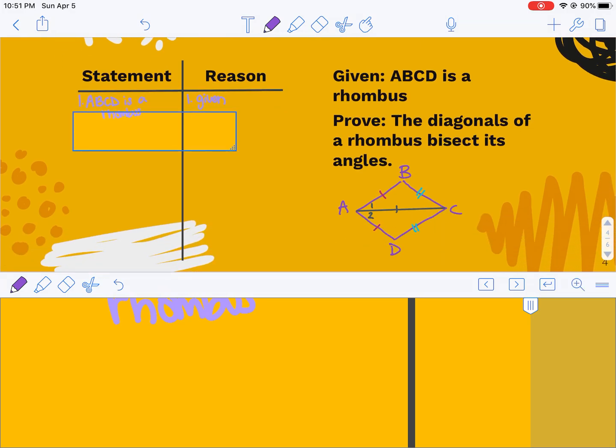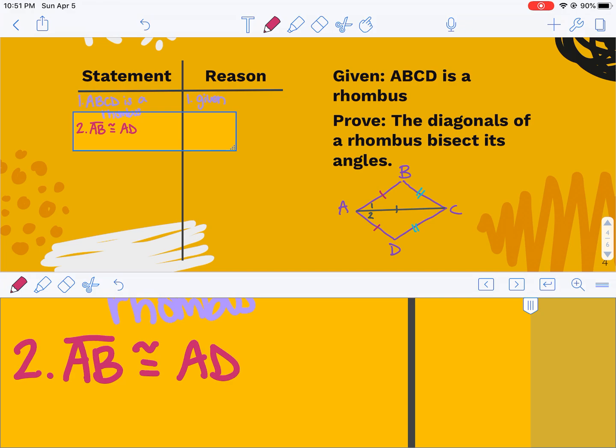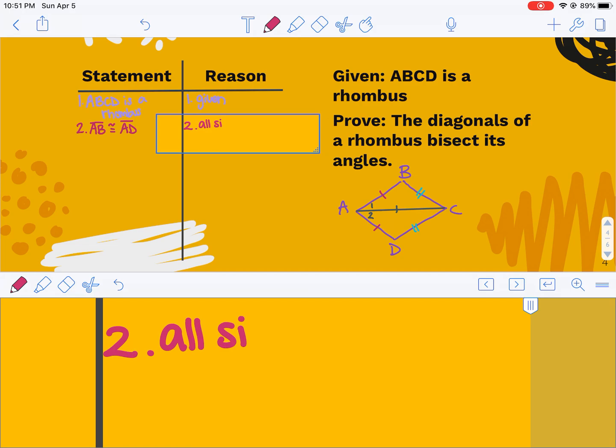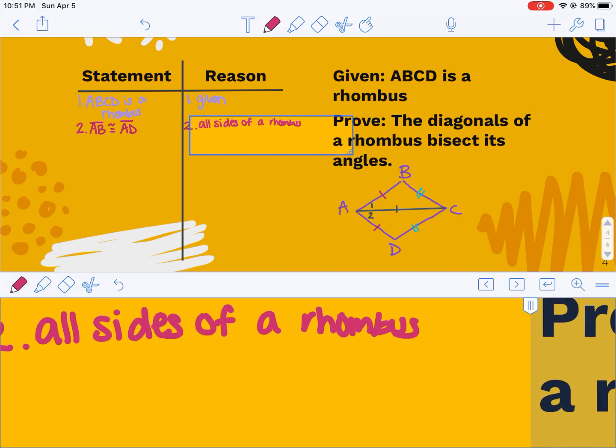Then because ABCD was a rhombus, we were able to say AB is congruent to AD. And my reason is going to be definition of a rhombus, or all sides of a rhombus are congruent.